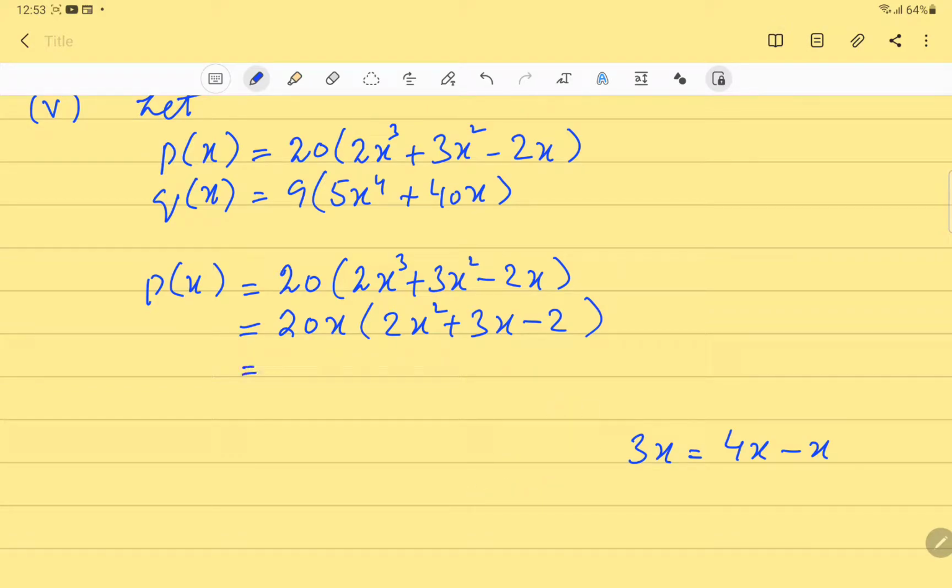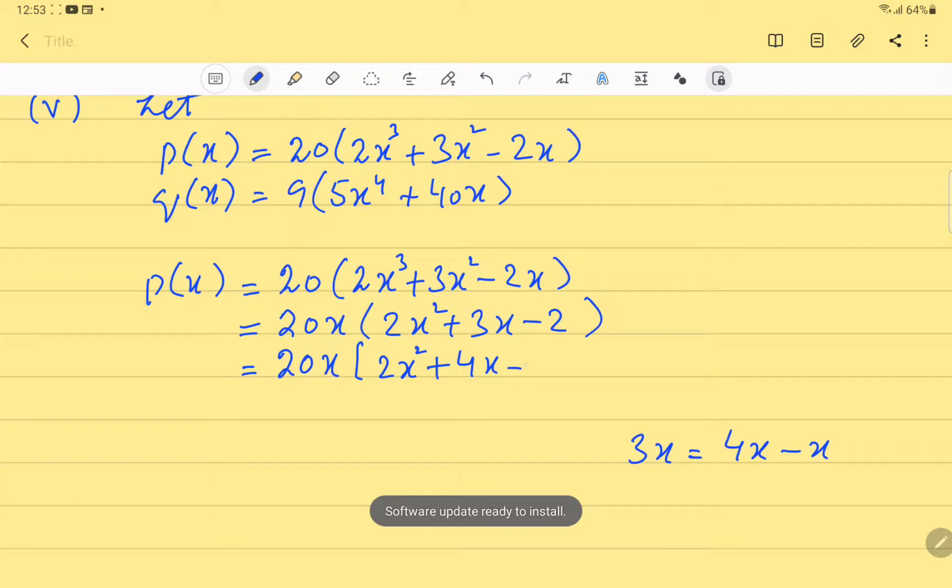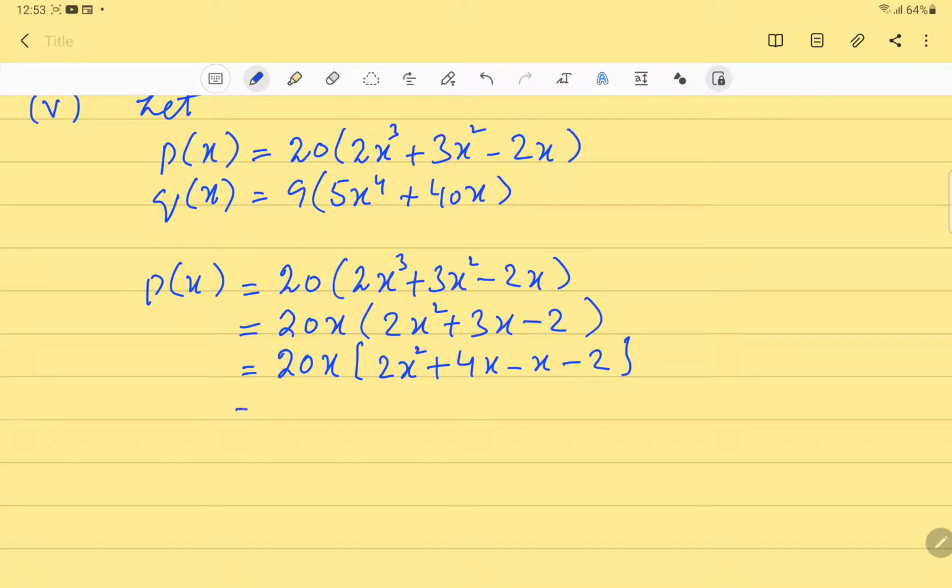Let's write it down. 2x squared plus 4x minus x minus 2. Now in the first two terms inside the bracket we have 2x common, and we are left with x plus 2.